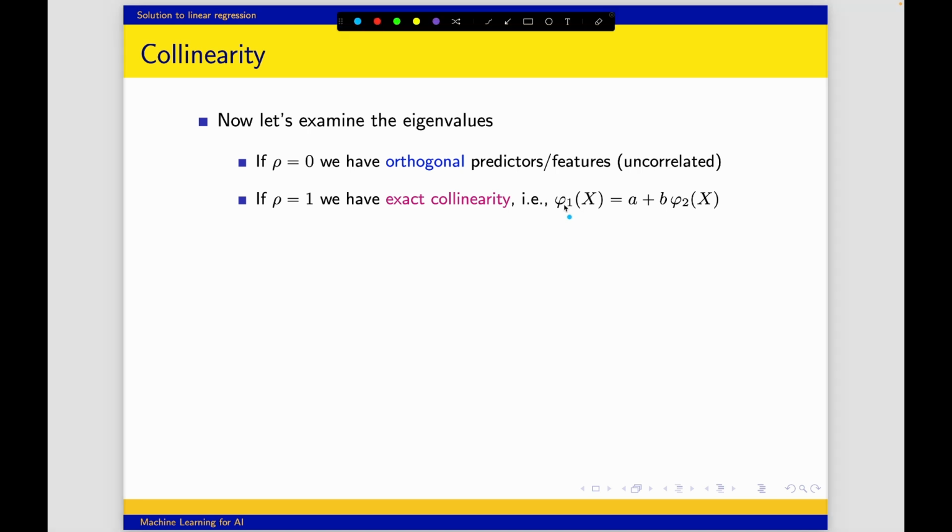Psi1 is a linear transformation, or affine transformation to be more precise, of psi2, or vice versa. So the random variable psi1 of x will be some constant plus another constant times psi2 of x. Right? They're perfectly correlated.